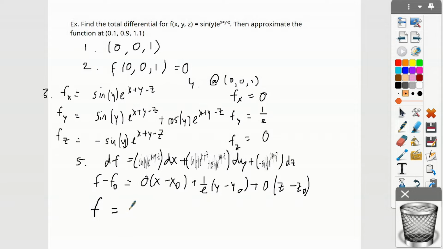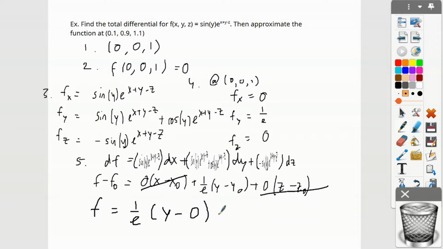So f is equal to, that crosses out, 1 over e times y minus 0, because f at our original point is 0. So our y is 0.9.